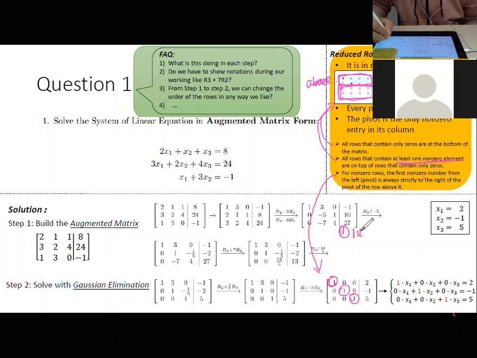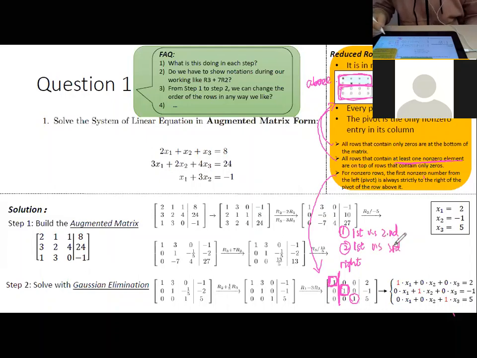First, we see the first row versus the second row. It is very obvious that the first row is above the second row, so we can see the pivot here is on the right side of the pivot here. In the second case, we discuss the first row versus the third row.